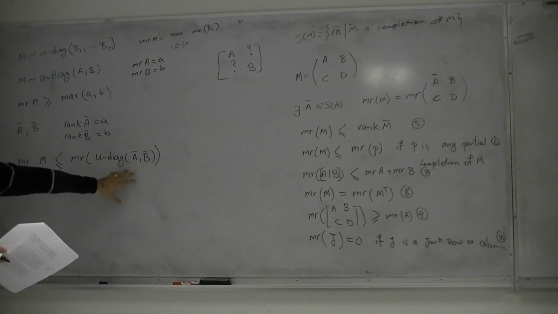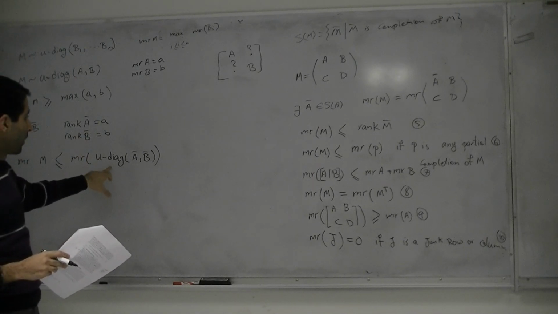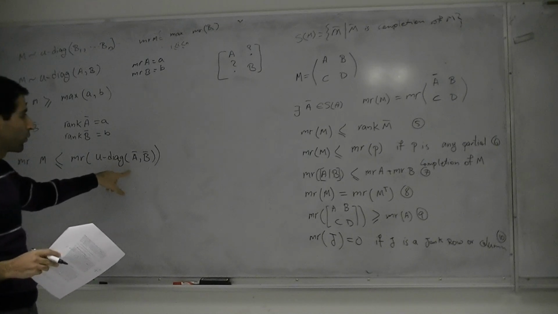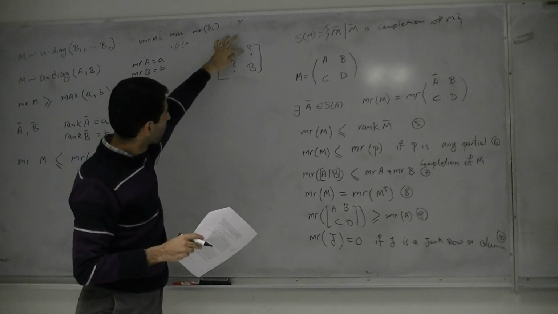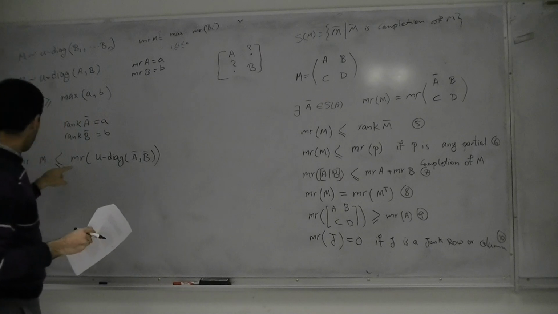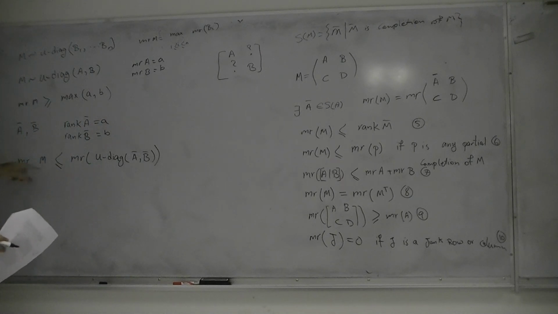Because this matrix is not completed fully, there's some unknown still, but we do only the completion on the sub-matrices, and the rank of this one is bigger than this because it's the minimum possible rank of the M.